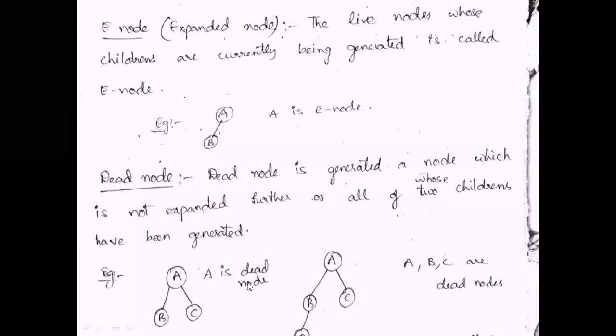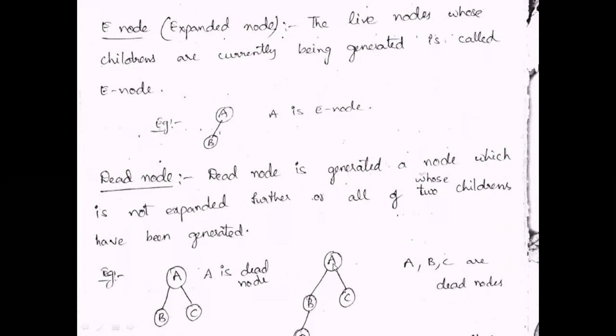When the two children are generated, then A node is a dead node, meaning the A node cannot generate further children. For example, here A node is a live node. The A node became a dead node after it became an expanded node when generating its children, that is B, C.